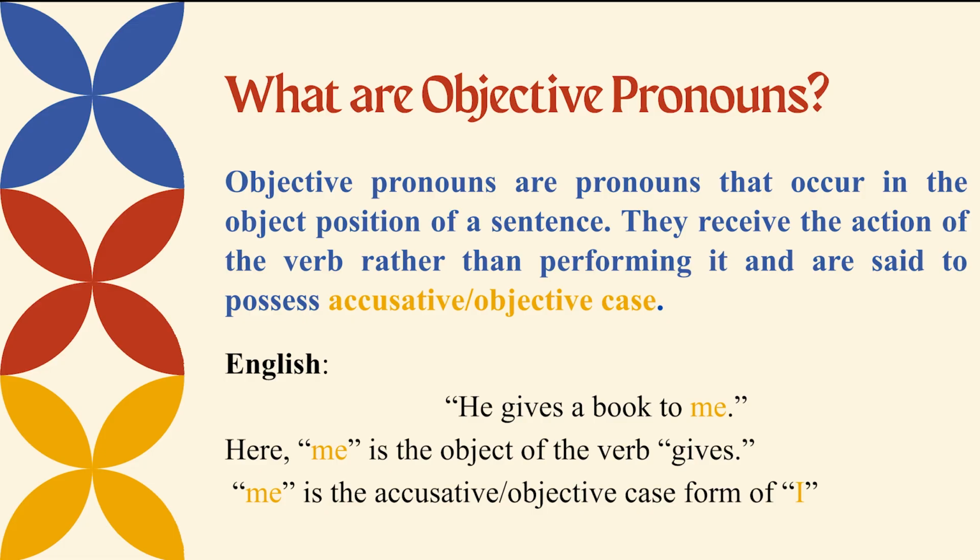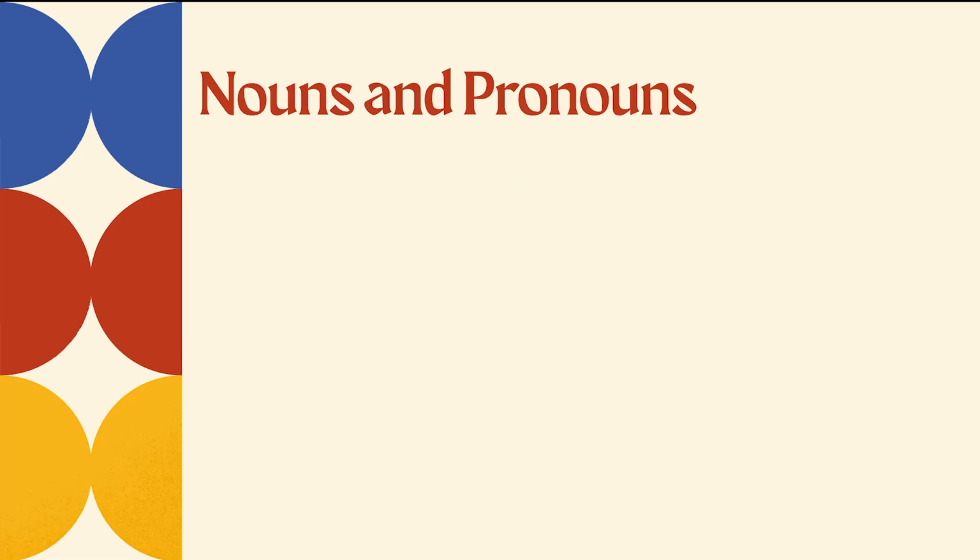Here the subject is he and there are two objects in it. One is a book, which is being talked about, and there is another one who is a receiver, and that is me. So, me becomes the object, and me is the accusative or objective case form of the pronoun I.